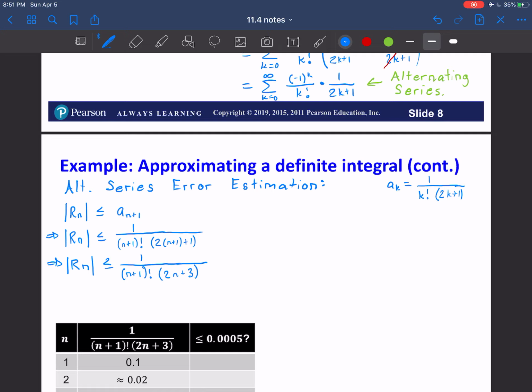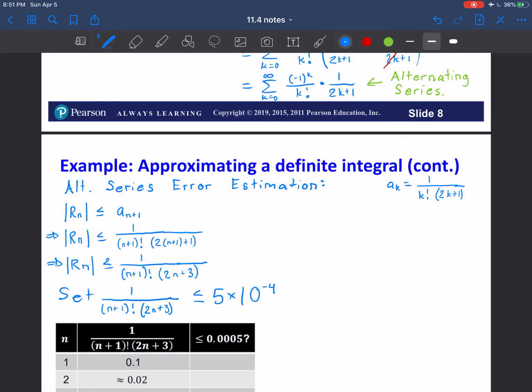Right? And the key concept that we learned from the alternating series error estimation is that we should set this value to be less than or equal to our error, 5 times 10 to the negative fourth.